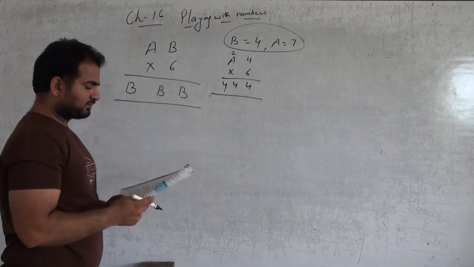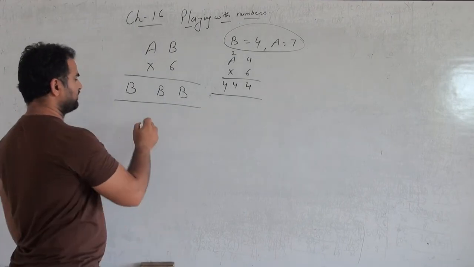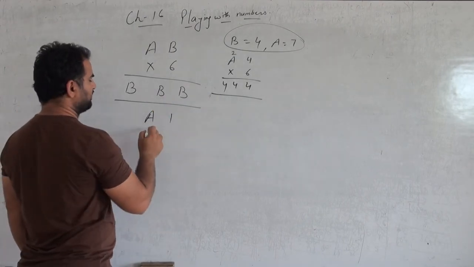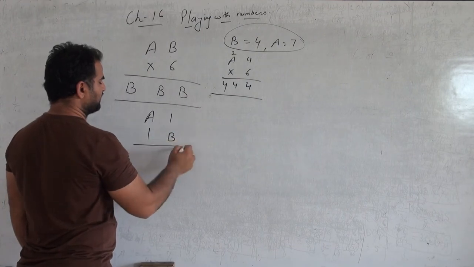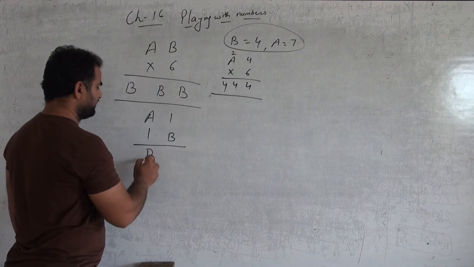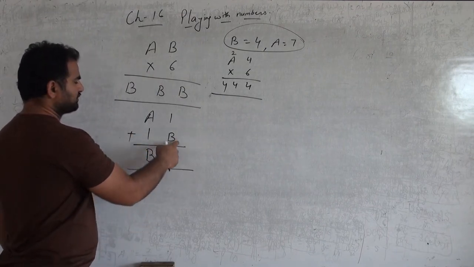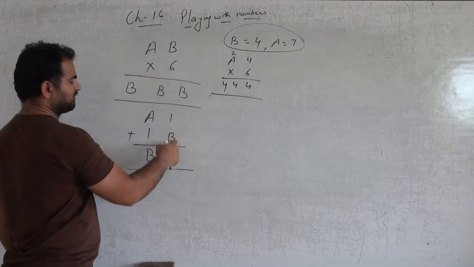Next question is A1 plus 1B gives B0. Okay, we have to add. So what should we add in B so that it would be 0?